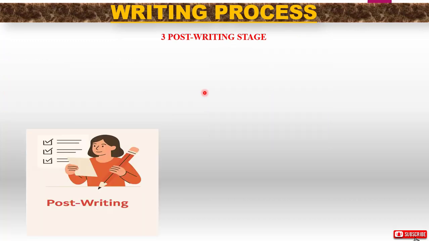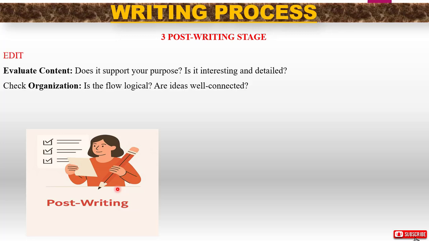What about the last stage of the writing process, which is the post-writing stage? After creating your first draft, what do you have to do? First of all, you must edit your work. How are you going to edit your work? You must evaluate the content in your work. Ask yourself these questions. Does the content support my purpose? Is it interesting and detailed? Also, you will check your organization.